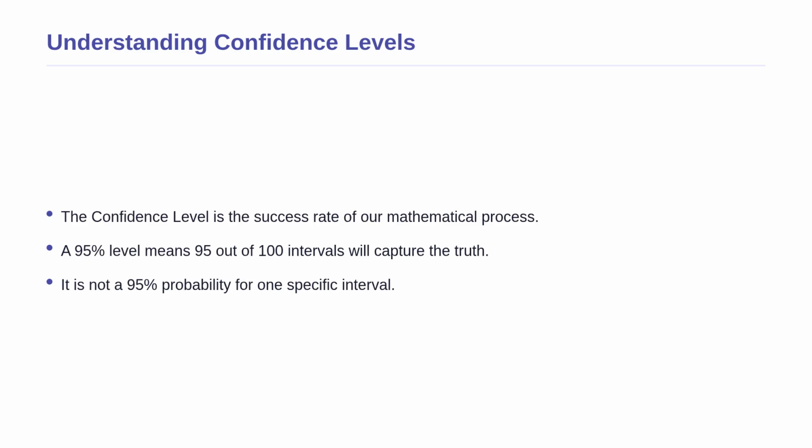It is very important to note that this does not mean there is a 95% chance that the true mean falls in our specific interval right now. Instead, it means our method of creating the interval is successful 95% of the time.